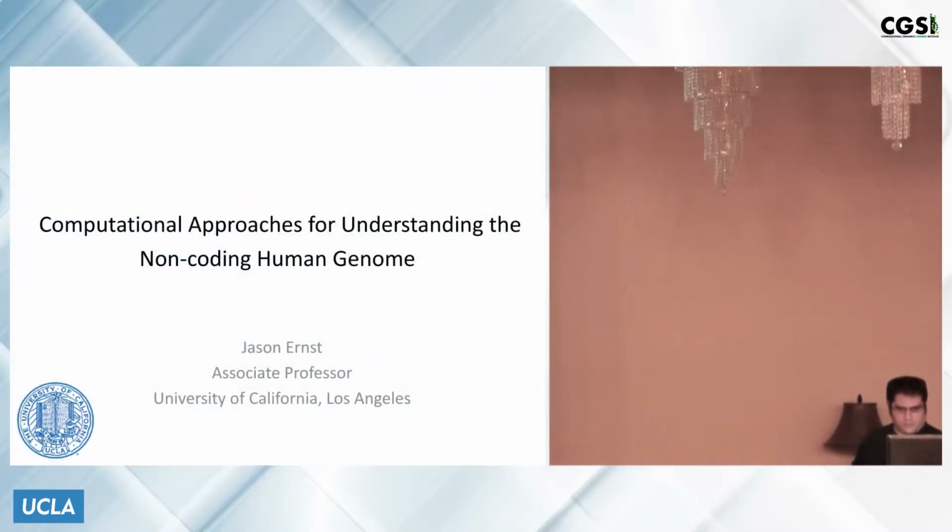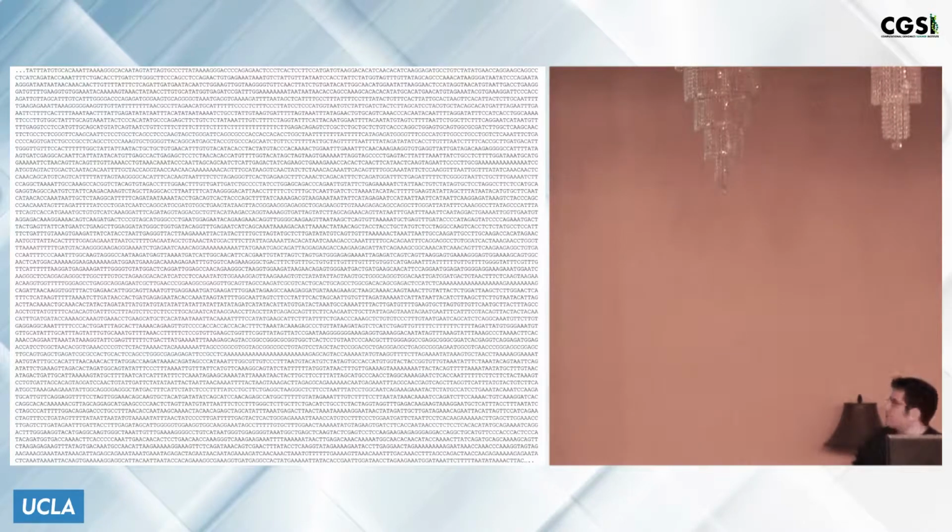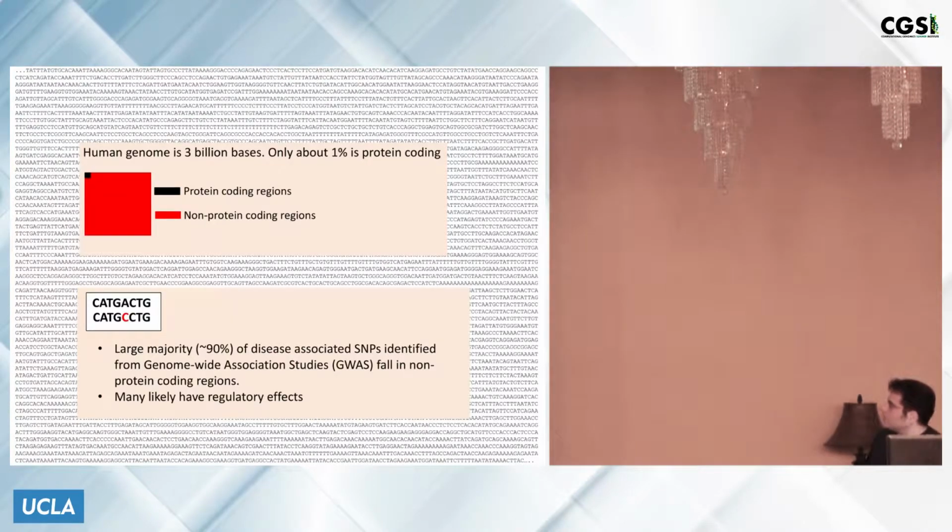I'm going to be talking about computational approaches for understanding the non-coding human genome. The protein coding portion of the genome covers about 1% of the genome, and the vast majority is not protein coding.